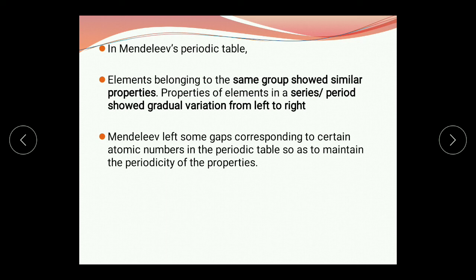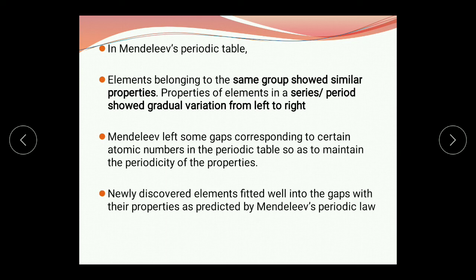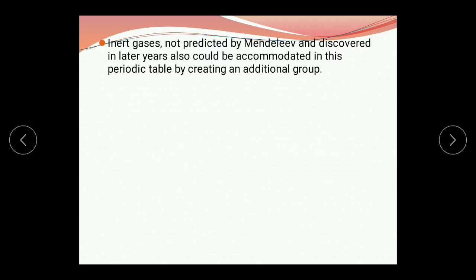He just gave his prediction, and after this, the newly discovered elements fitted well into the gaps with their properties as predicted by Mendeleev's periodic law. So his predictions were perfect.